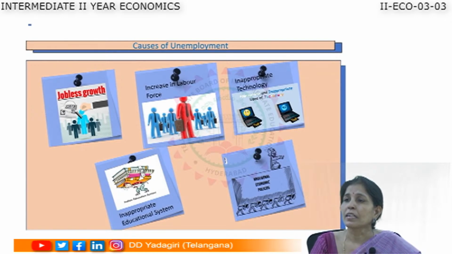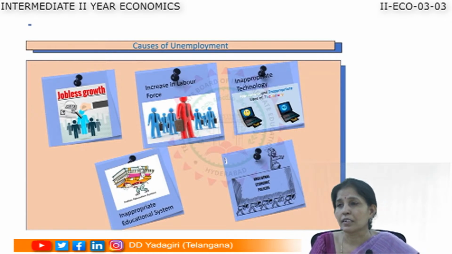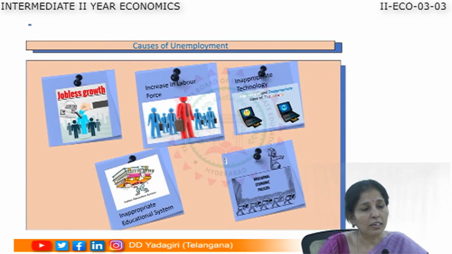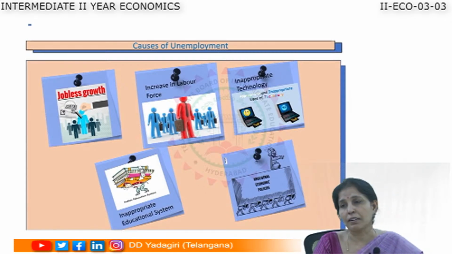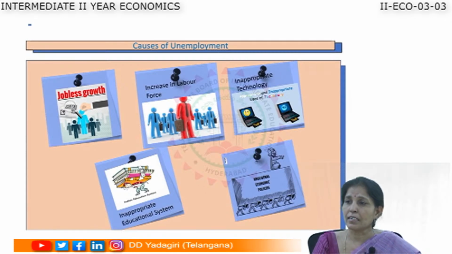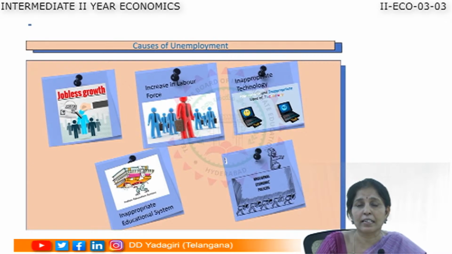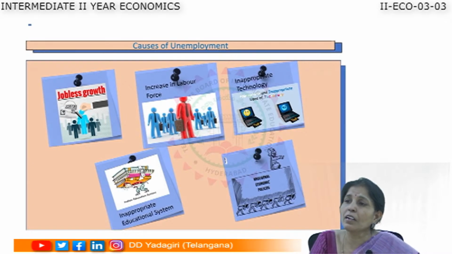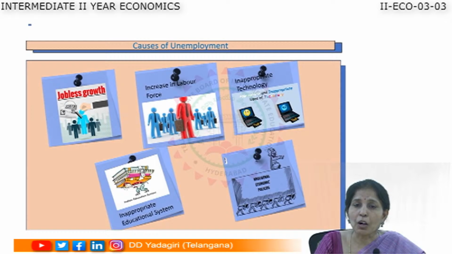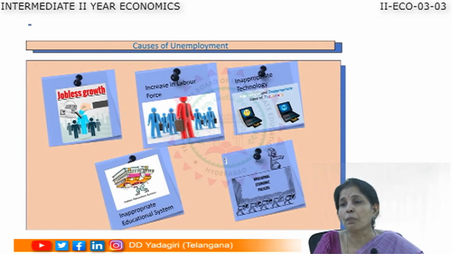The next one is inappropriate technology. Technology in certain sectors is developed, and in certain areas, regions, and sectors, it still needs to be developed. Appropriate technology comes only when there is proper utilization of it.